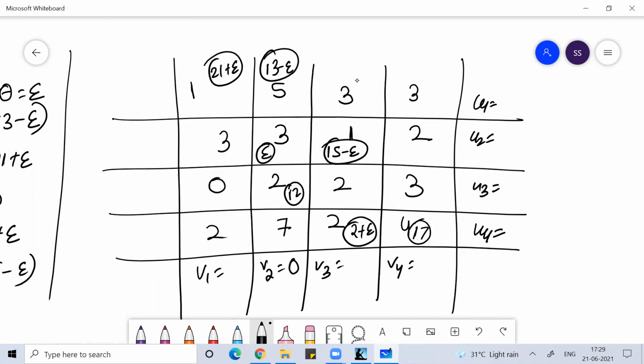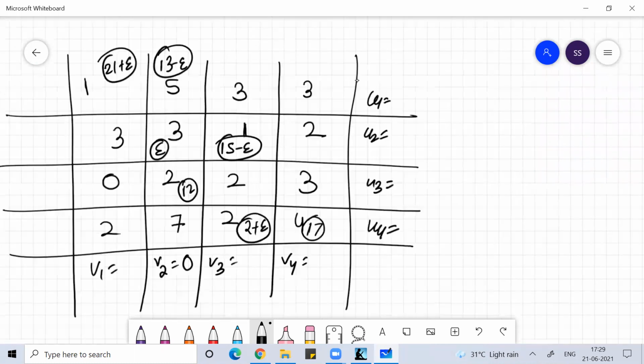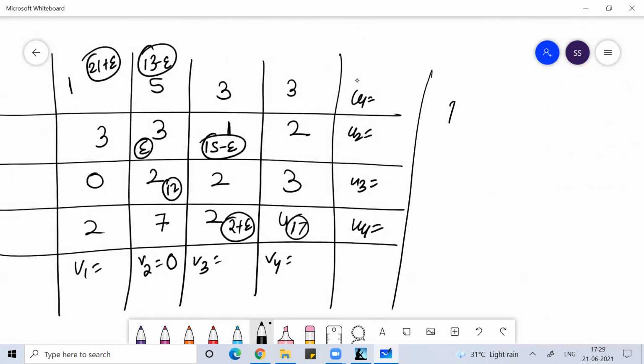If I put 0 because of the maximum allocation in the second column, then again I use the same formula, guys. For occupied cell, I told you, right? Every time I'm not writing the same thing. For occupied cell, use the formula called Cij is equal to Ui plus Vj.